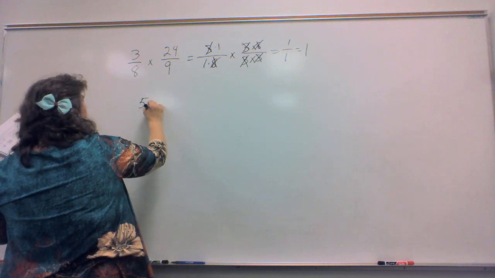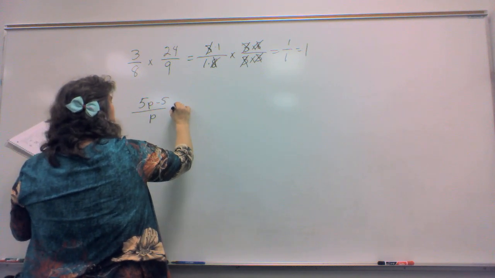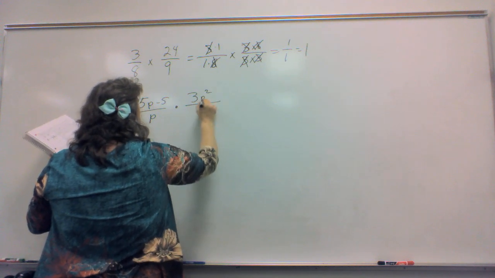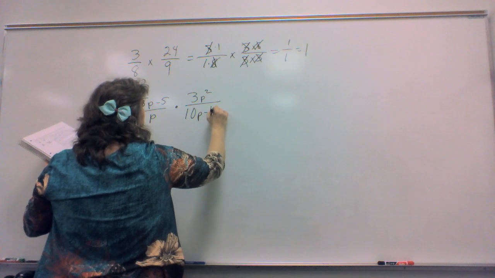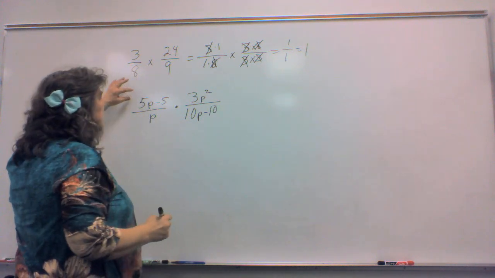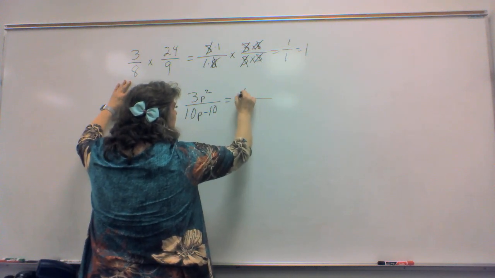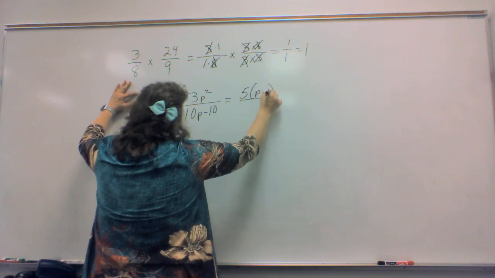5 times p minus 5 over p, times 3p squared over 10p minus 10. Okay, so let's start factoring. The numerator here is going to factor out your common factor of 5 and have p minus 1.